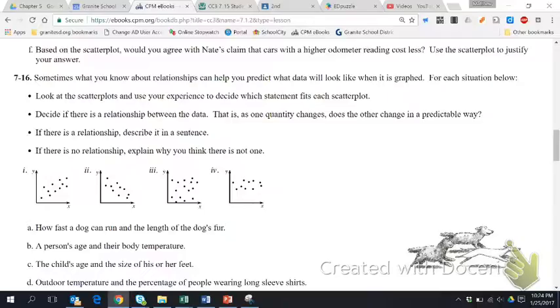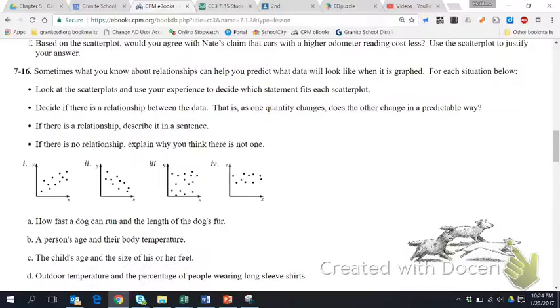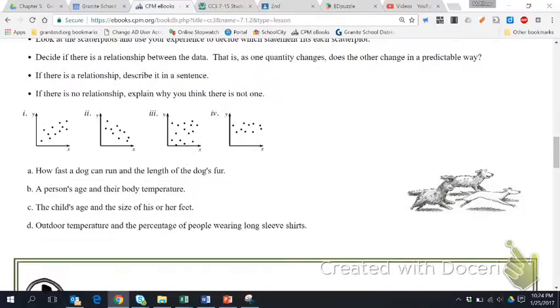Alright, so first we've got I. Now we do see it's kind of going up a little bit. So we do see a pattern. So let's see if there's anything that would match this. How fast a dog can run and the length of the dog's fur. Well, I don't know that the fur length is really going to make the dog run any faster.